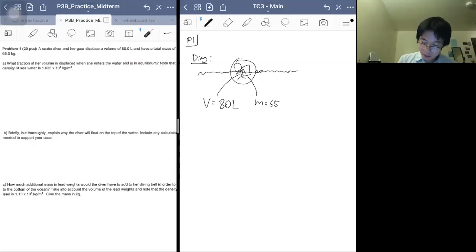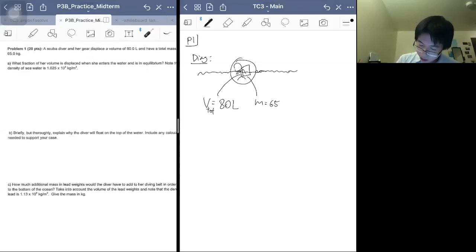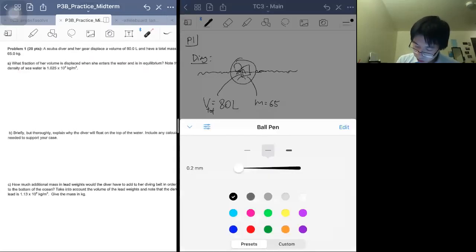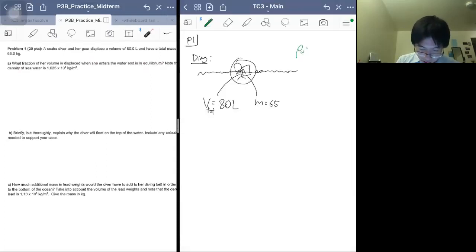So this volume, we should be careful. This is the total volume of the scuba diver plus the gear. Okay, the total is right. So in equilibrium, now that the density of water. Okay, so we'll copy out the information as well. Density of seawater is 1.025 times 10 to the power 3, so that's 1025 kilograms per meter cubed.